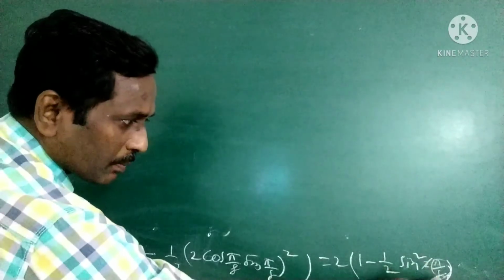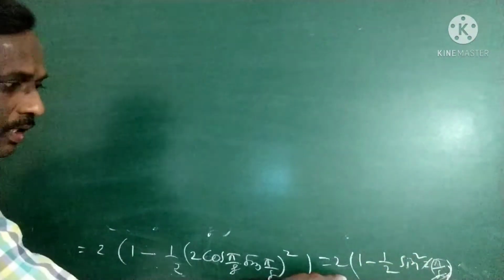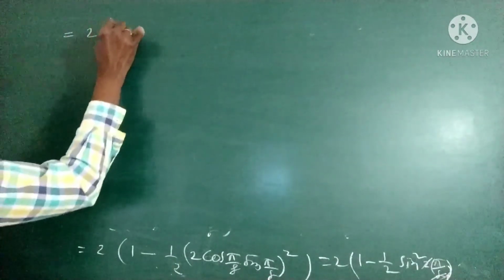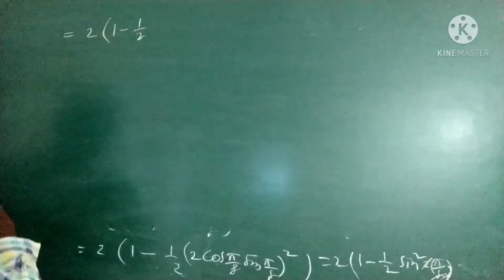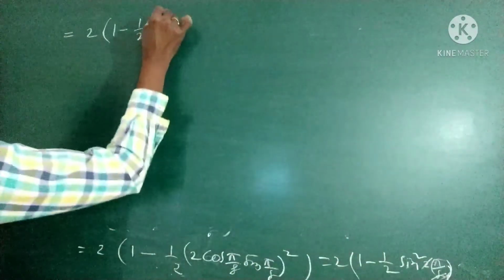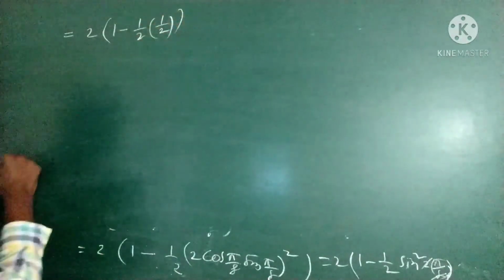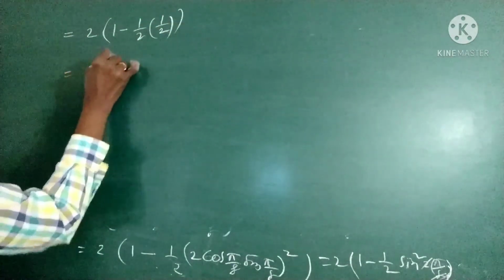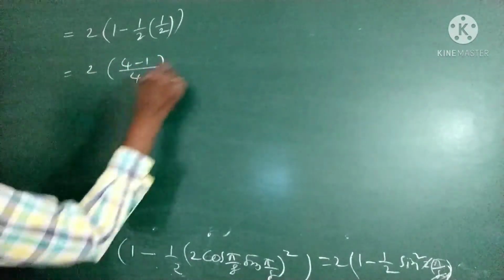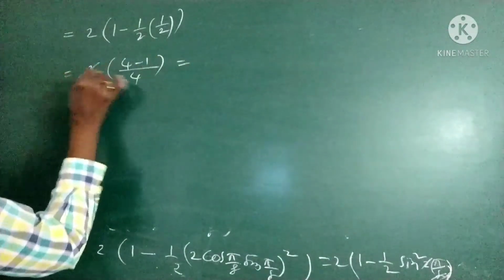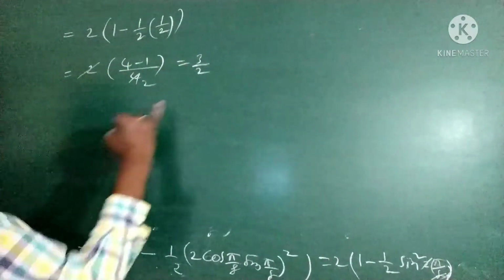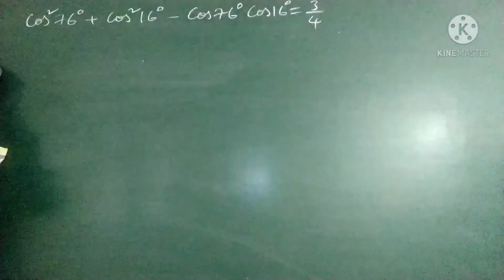Here sin pi by 4 of a square is there, which equals 2 times 1 minus 1 by 2 as it is. The value sin pi by 4 is 1 by root 2, and its square becomes 1 by 2. Now simplify it. 2 of 4 taken LCM, 4 minus 1. So this equals 2 ones are 2, 2 twos are 4, we can cancel. So 3 by 2. So it is the answer for the problem.